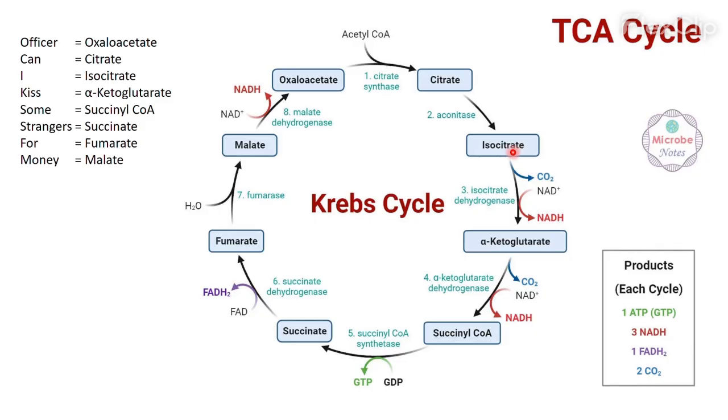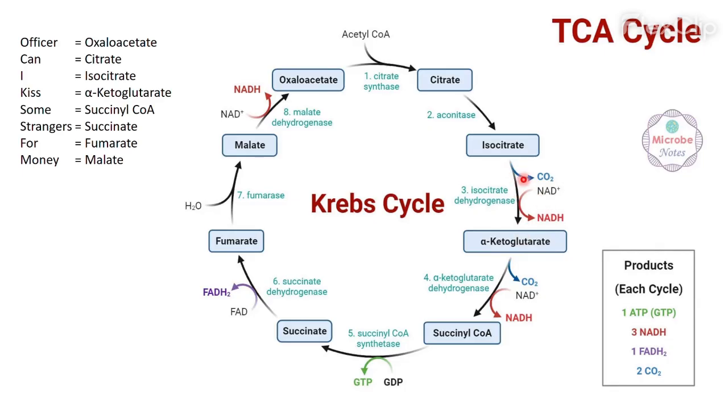So in the next step, the isocitrate is converted to alpha ketoglutarate through isocitrate dehydrogenase. Remember, whenever you see dehydrogenase, that means it will go through an oxidative reaction, and this carbon dioxide removal is decarboxylation. So this process is oxidative decarboxylation.